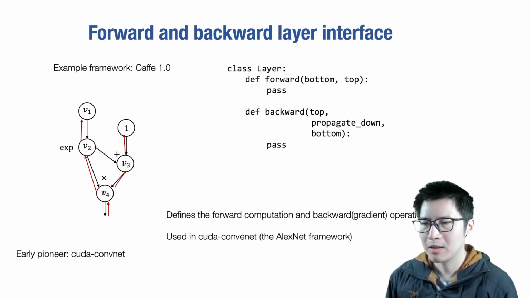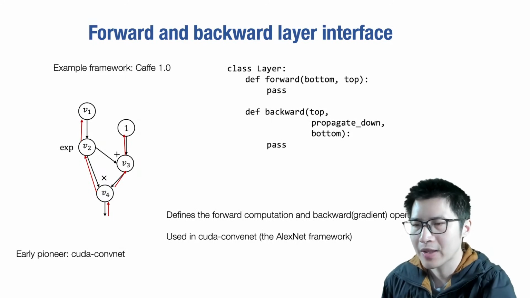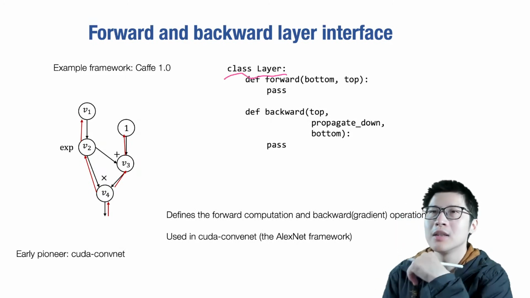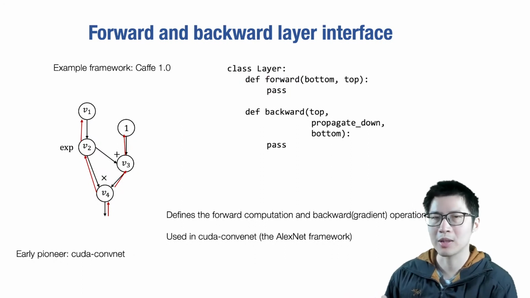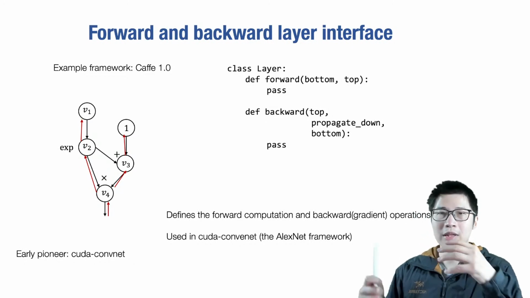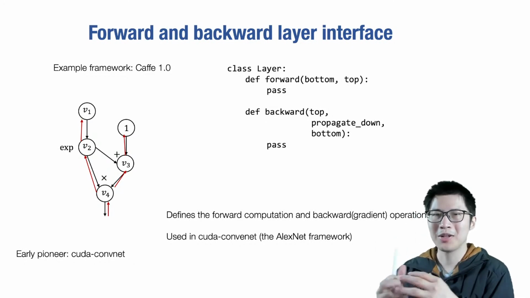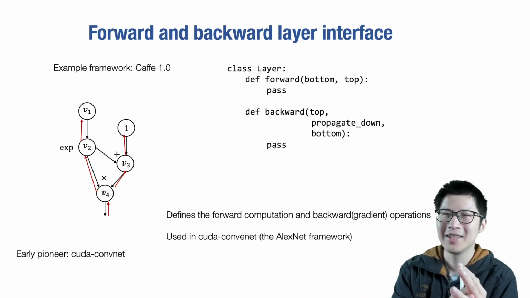Specifically, in those frameworks there is one core abstraction that is used, which is called layer. Of course, in Caffe the layer is implemented in C++, but I'm just using Python pseudocode here to show the general idea. When we are composing a neural network together, we will always talk about, hey, there's a linear layer followed by a ReLU layer, and then there's a softmax.